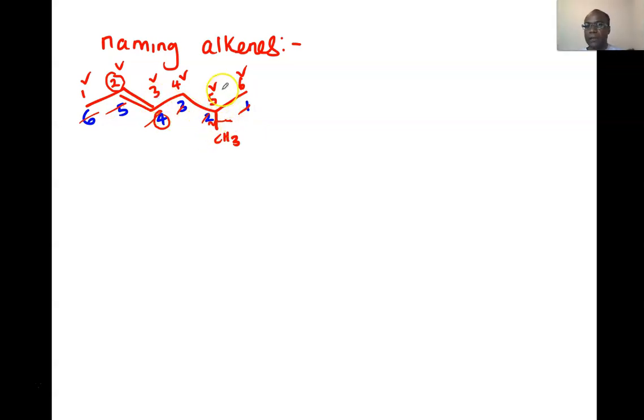So the correct name will be, we have a substituent on the 5th carbon in red, and it happens to be a methyl. So it's 5-methyl, and then the double bond is on the 2nd carbon, 2, and then you have 6 carbons, the longest chain containing the double bond, hex. It's an alkene, so ene. So that's one version of the name.